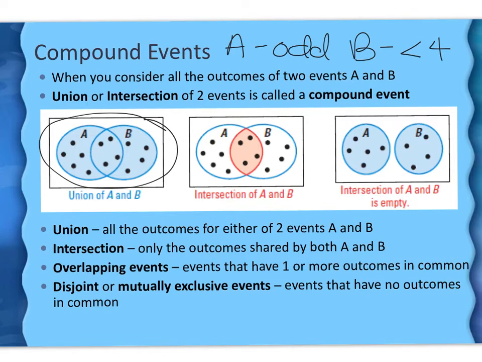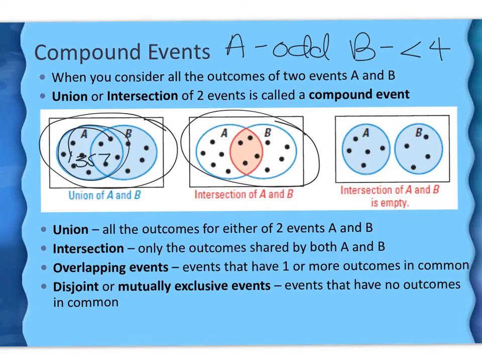The intersection of them, which is drawn by this little Venn diagram here, is where they overlap. So if I asked for the intersection of A and B, what would you give me? What is both odd and less than 4? 3 and 1. Does that make sense? Yes? So in this case, A would be 1, 3, 5, 7.